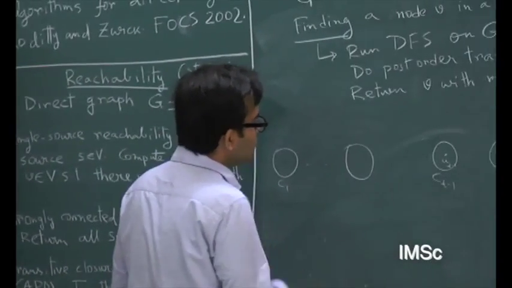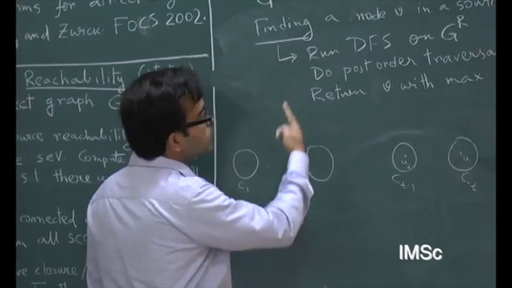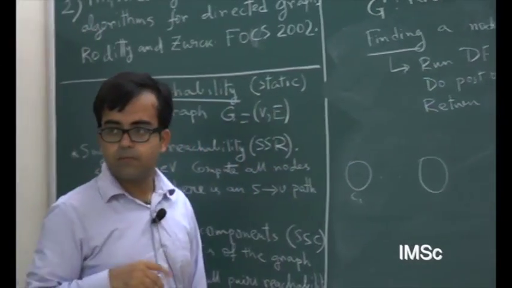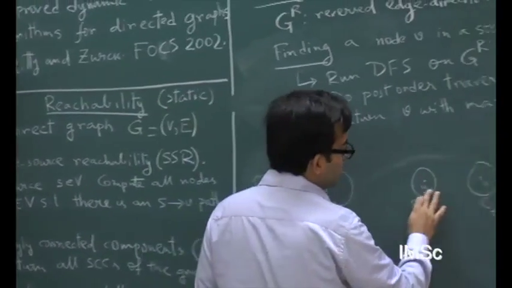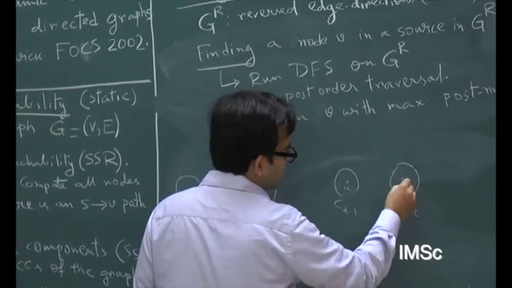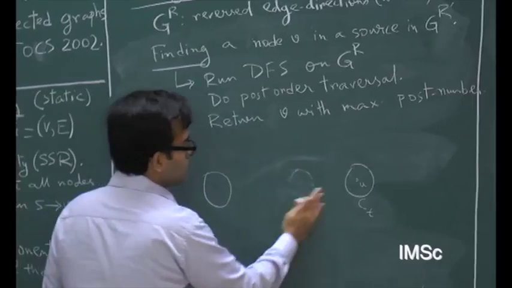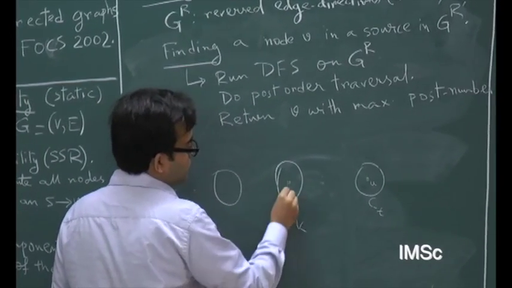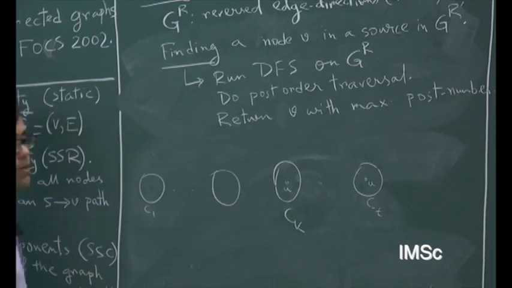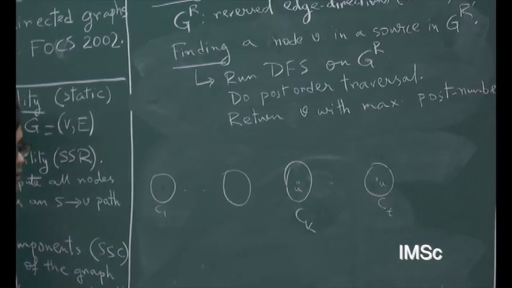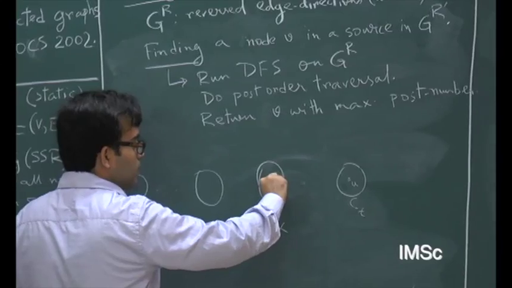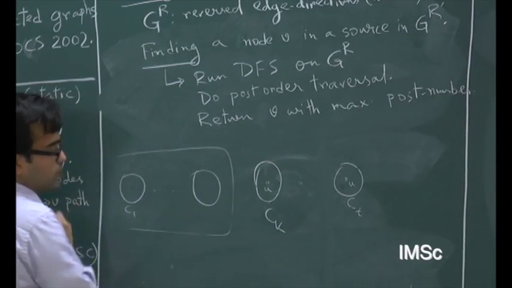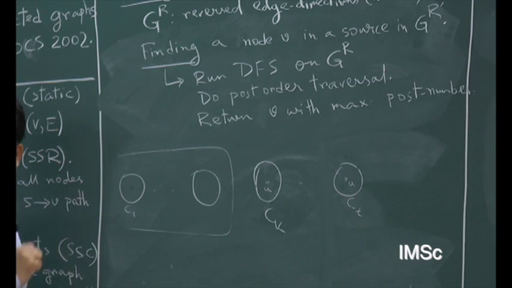And why is it the case? Because you just look at the node where you started your DFS from. Say this node was here, okay? Let's look at any CK and say this was U, and you started your DFS from U. Then you will never recover these nodes when you do the DFS from U, right?